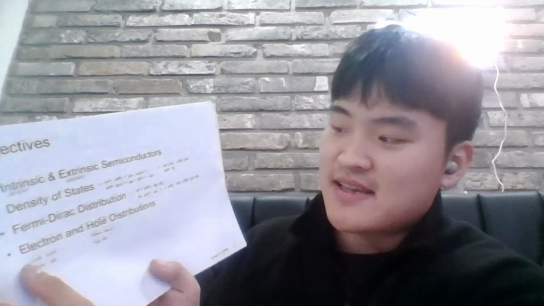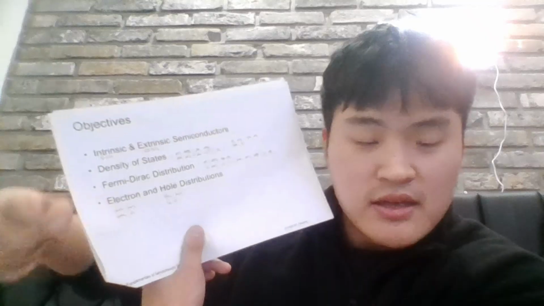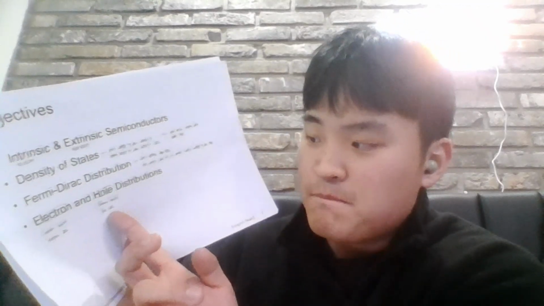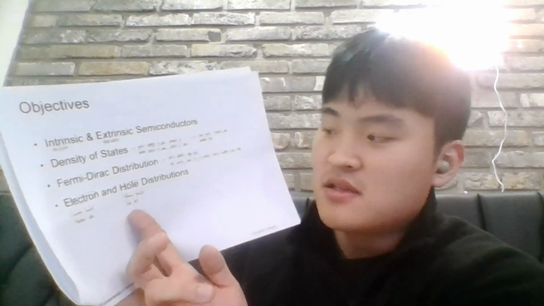So that's why we learn those two concepts, right? And the last thing is electron and hole distributions. This covers the electron concentration at the conduction band, and the hole concentration in the valence band.